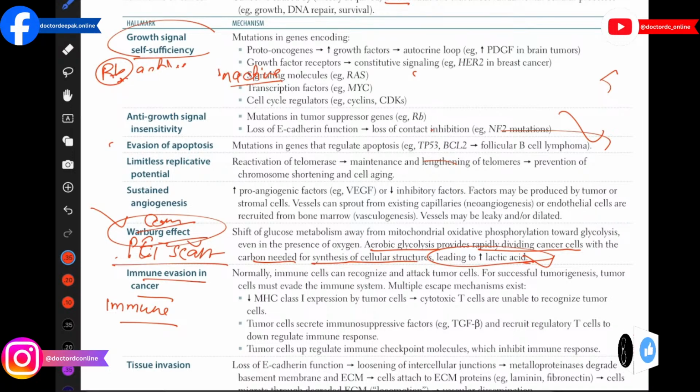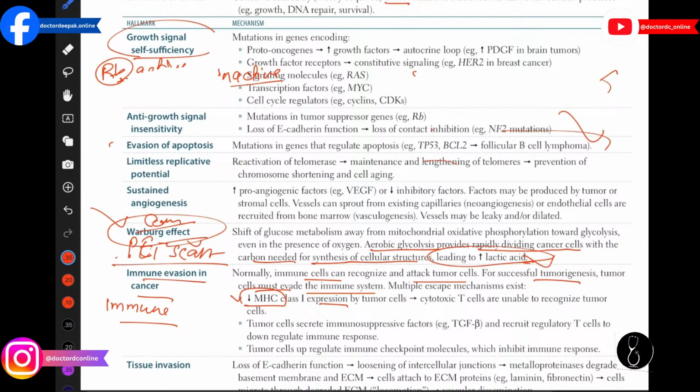Cancers are doing the same, with some escape systems, and how they modify themselves we will read now. Normally, the immune system can recognize and attack the tumor cell. For successful tumorigenesis, the tumor cell must evade the immune system. Multiple escape mechanisms exist. The first one is decreased MHC class 1 expression.